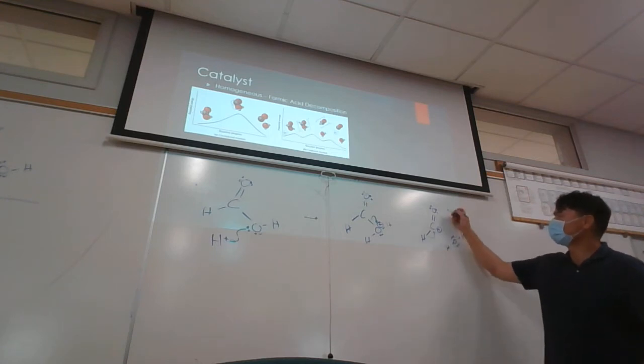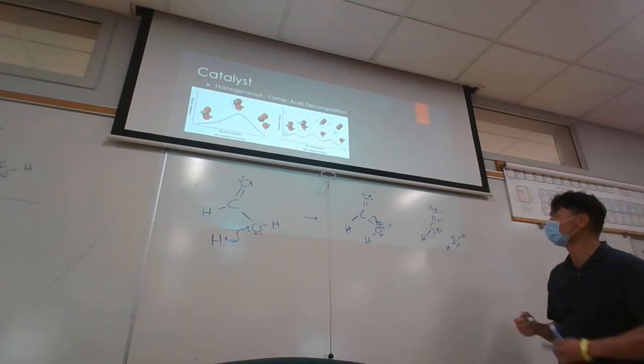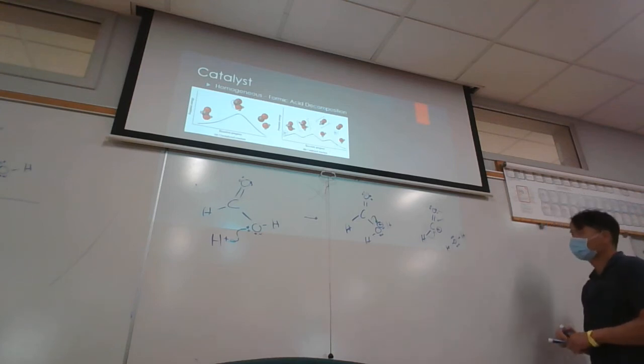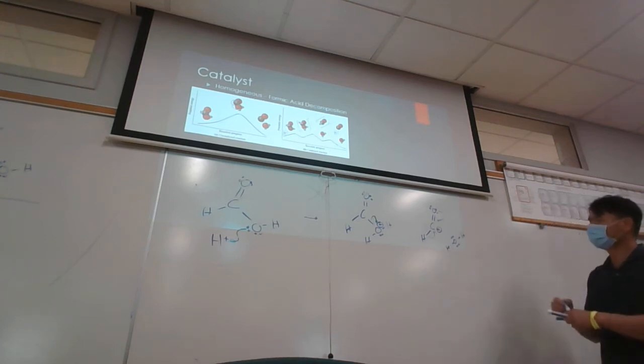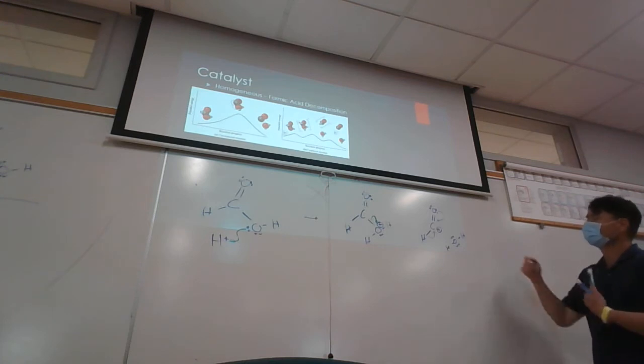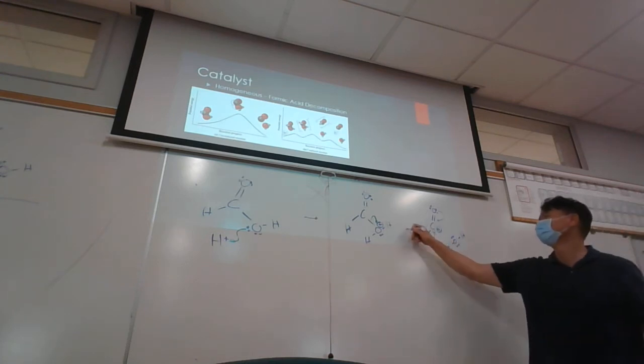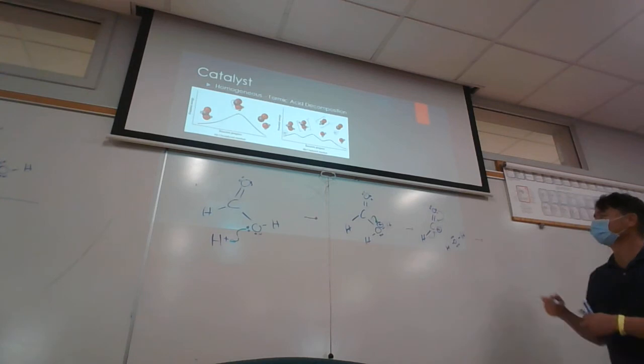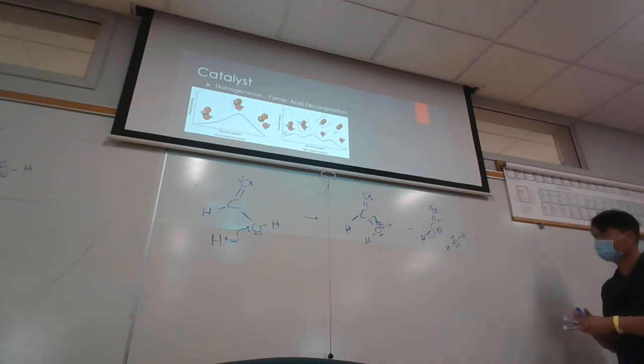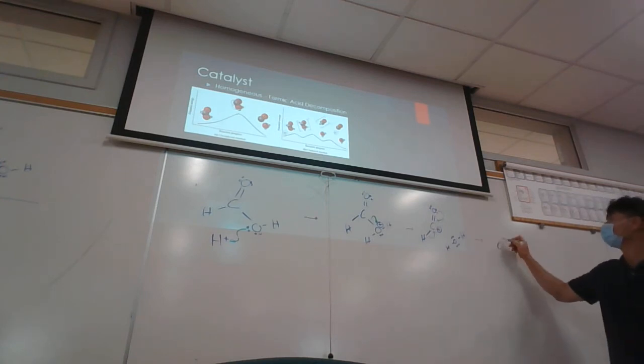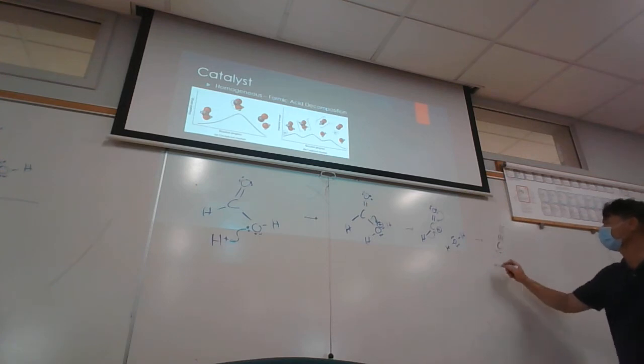And so to fix the octet problem, we'll take a lone pair and convert that into a bonding pair, like this. And so what we end up with is this structure here: carbon monoxide, H+, and water.